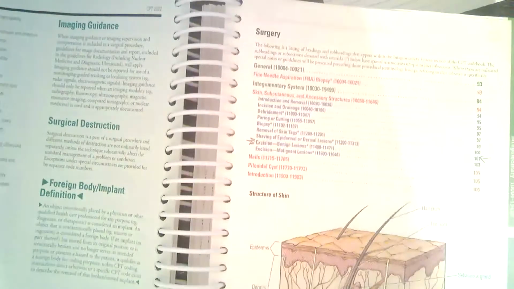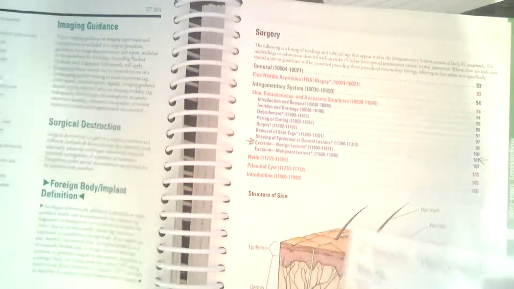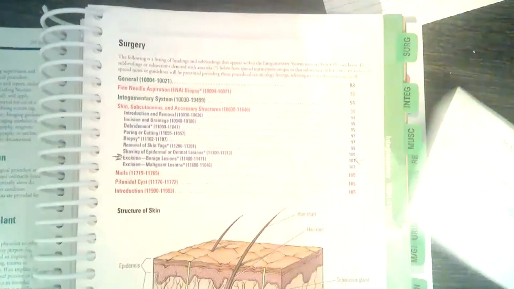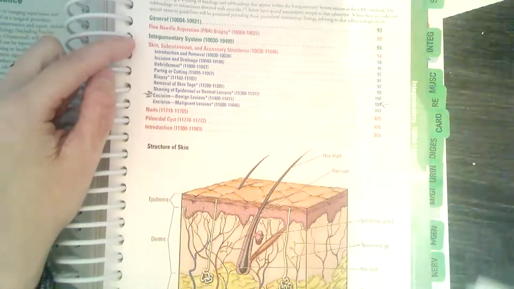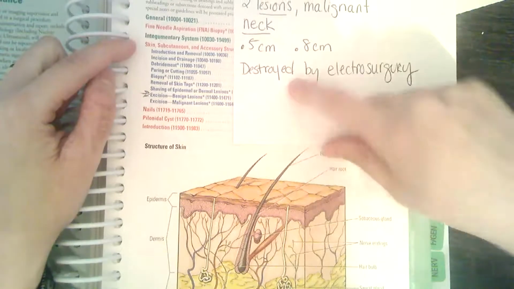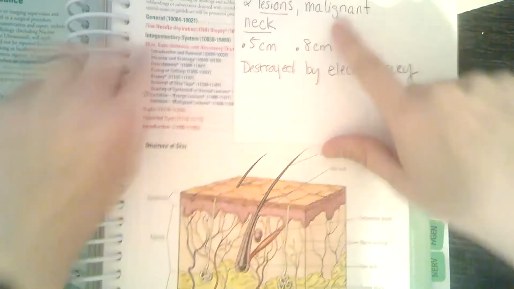And remember, yes, we tabbed it here, but the table of contents is here at the front with the general surgery. If you don't remember that, you might want to put a tab there. So here is the integumentary system, and then we are going to be looking for destruction of malignant lesions, okay? Don't get confused here.